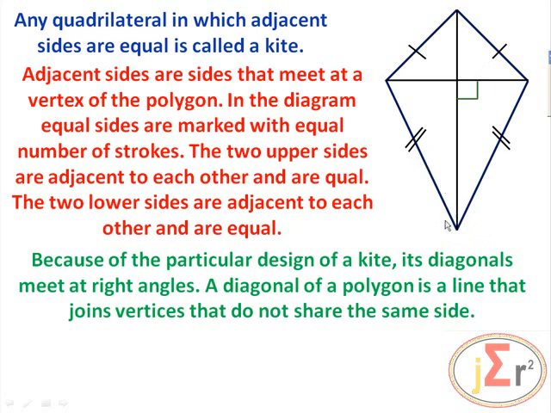So this vertex has nothing to do with these two sides, and this vertex has nothing to do with these two sides. Therefore, the line that goes from this vertex to this vertex is called a diagonal.